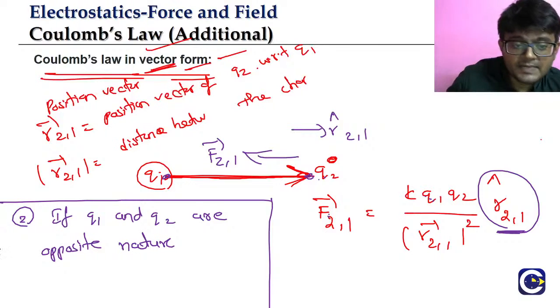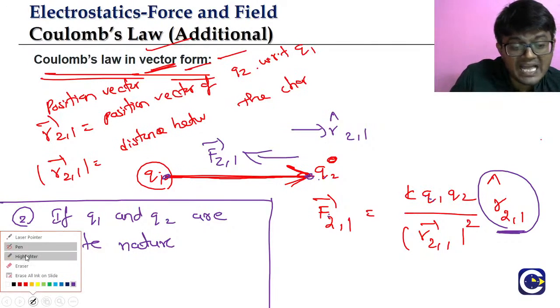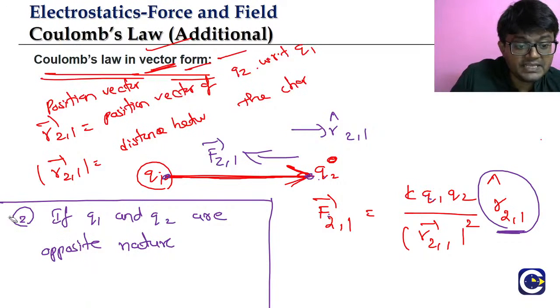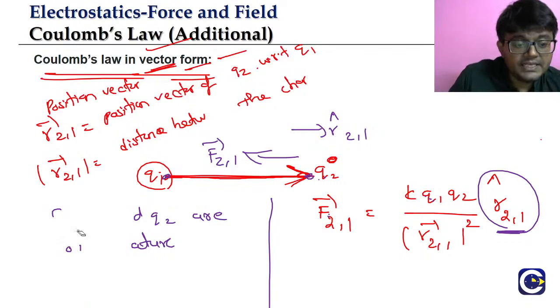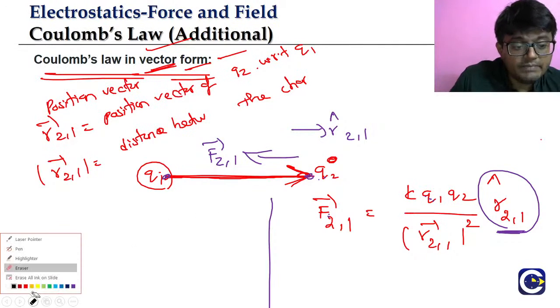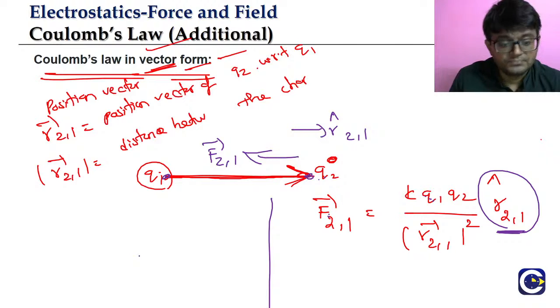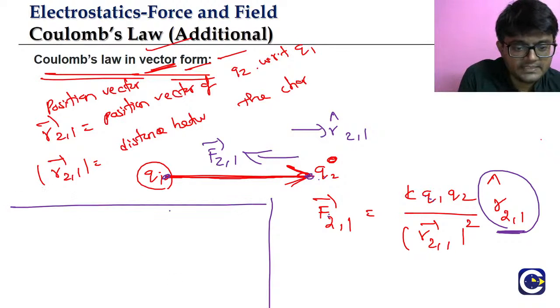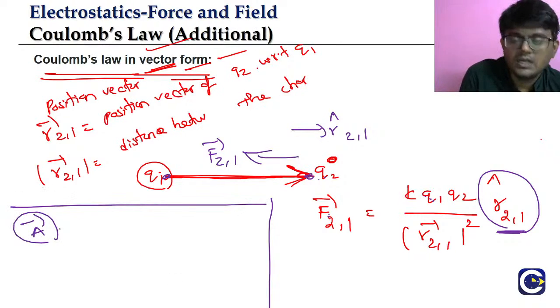If you have already seen vector principles, you will know one more concept. What is r cap? Any vector, if you divide that vector by the vector's magnitude, say for example a bar is a vector, if you divide a bar by the magnitude a, we are going to get a cap.